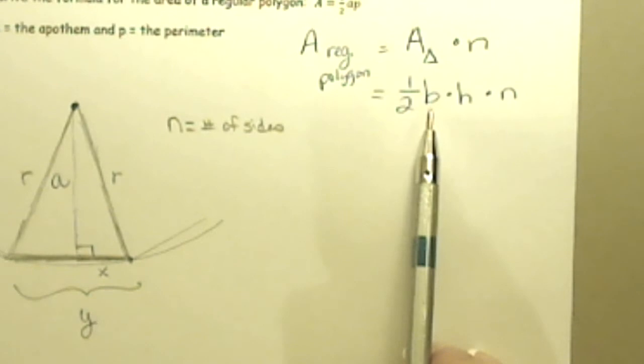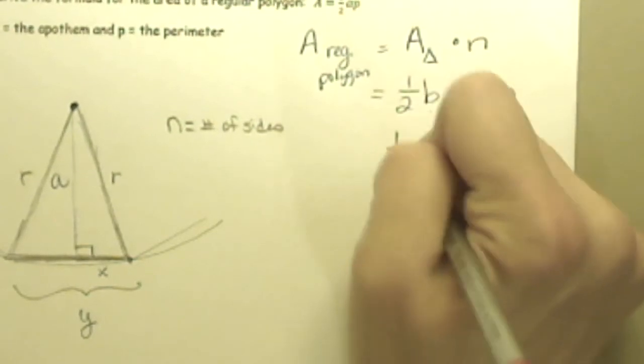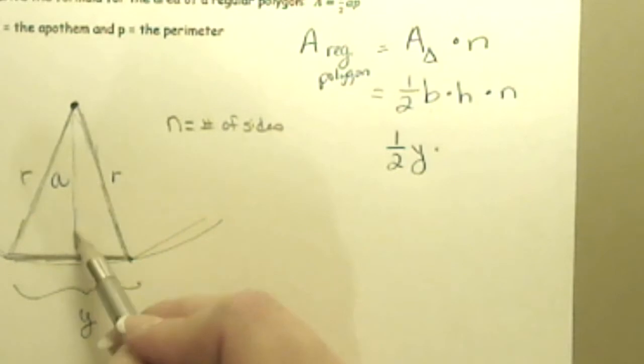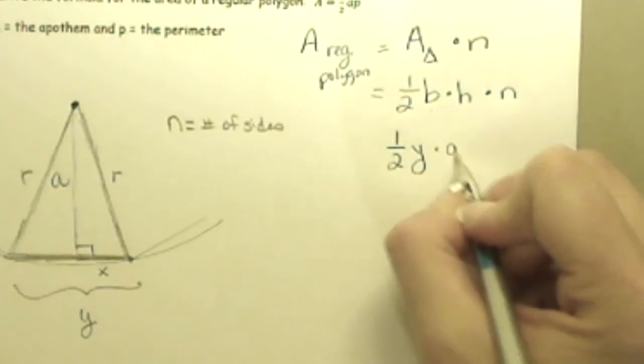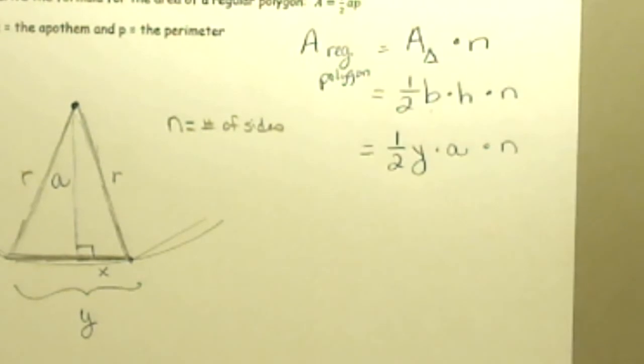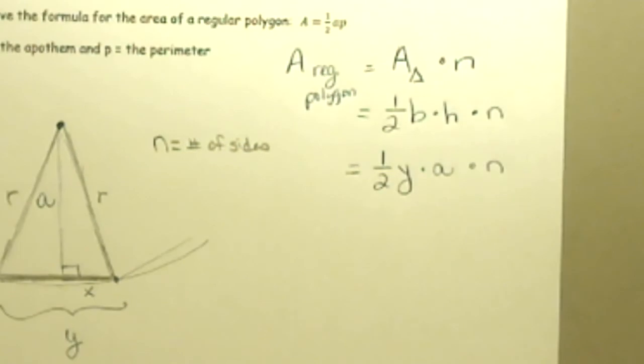The base of the triangle is actually, in this case, y. And the height of the triangle is what is referred to as the apothem times the number of sides. Okay. Now, how do they get from that to the 1/2 AP?